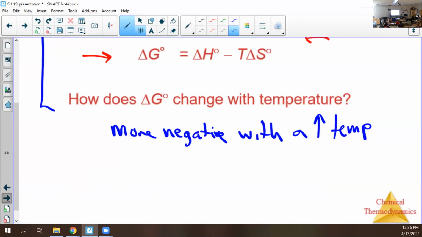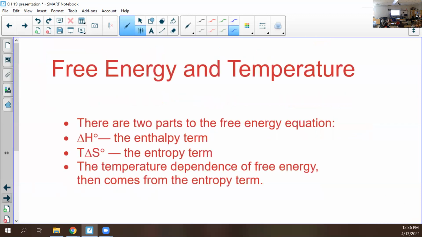All right, so these can be tricky. There are two parts to the free energy equation, and they will very often talk about this. Don't think about this as a negative sign. That can get a tiny bit confusing. Delta H, that's the enthalpy term, which can be positive or negative.